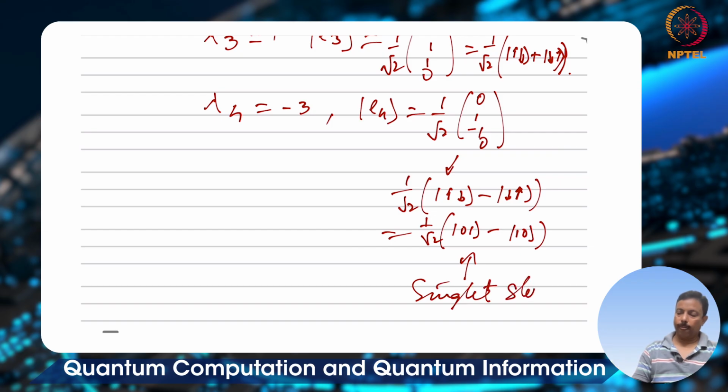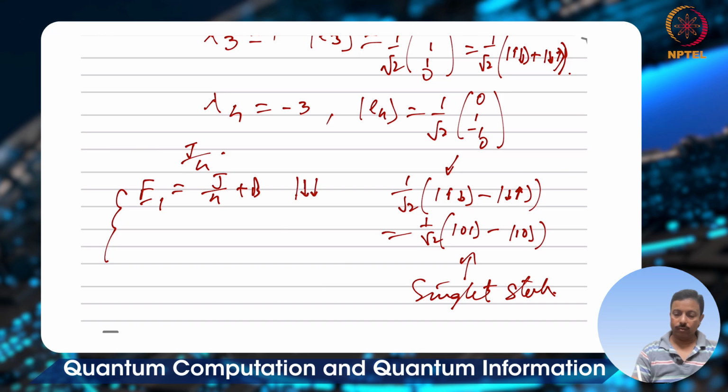Very good. So if I put back J by 4, then the eigenvalue E1 is J by 4 plus B, and this corresponds to the separable state, which is basically 0 0.